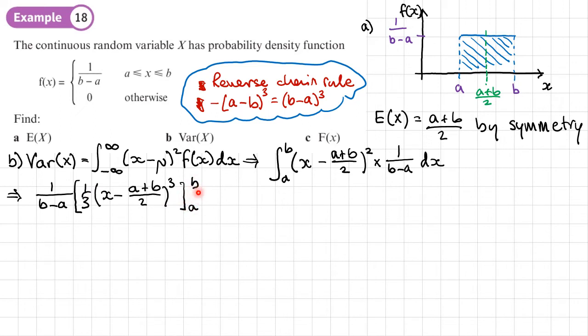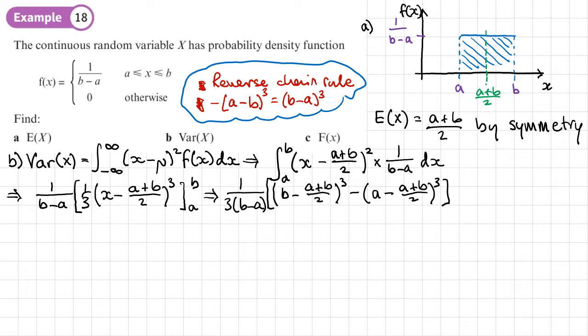And now I'm ready to substitute my limits. Also, at the same time, I'm going to take this 3 out and put it here with this other fraction I've already got. Right, so here's my substitution that I've done. So replace x with b first of all, then replace x with a.